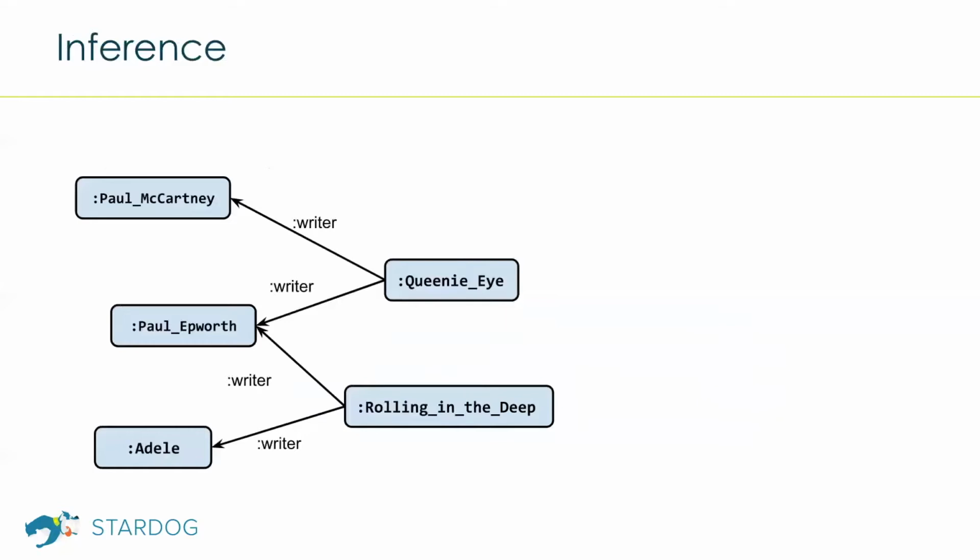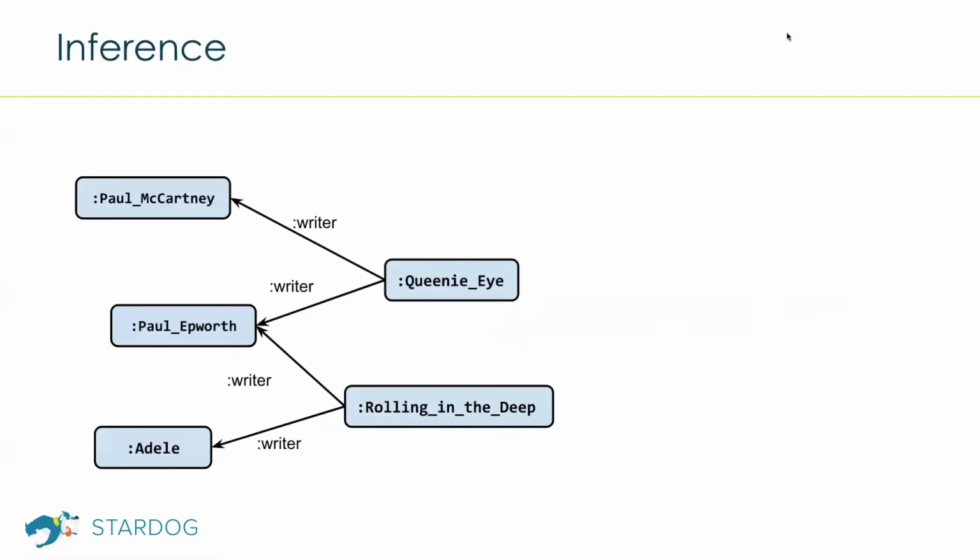In this case, I only have 4 triples. I have Queenie Eye written by Paul McCartney and Paul Epworth, and then I have Rolling in the Deep written by Adele and also by Paul Epworth. Each of those arrows represents 1 triple in my database.